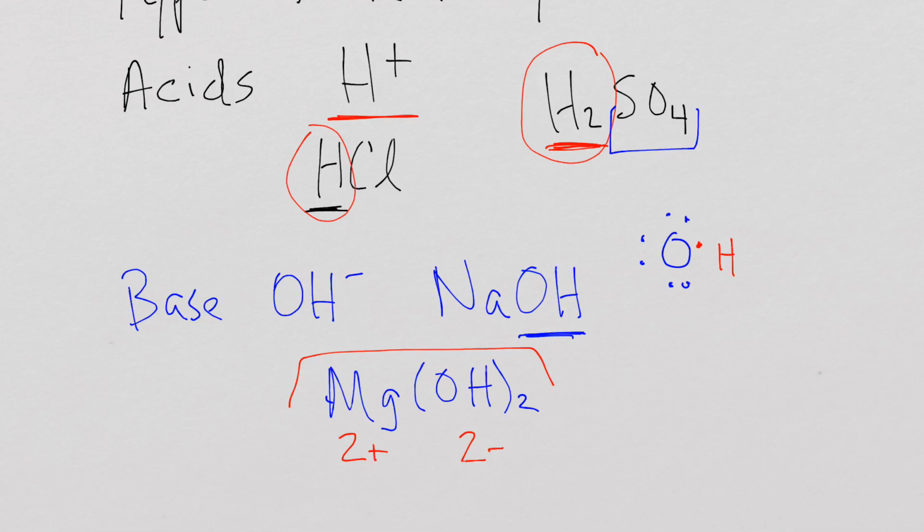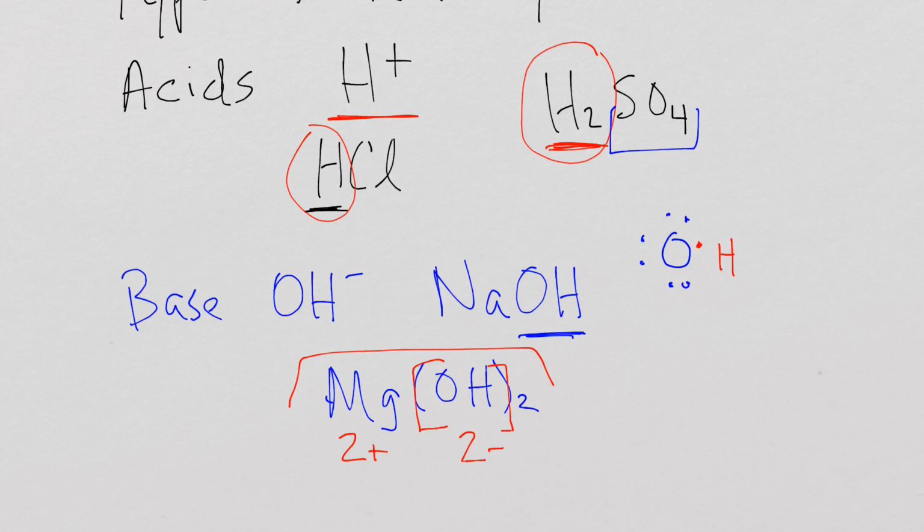This is an example of ionic bonding, but it is ionic bonding with a compound as opposed to an individual atom. Remember when we did sodium chloride, where sodium has 1 valence electron, chlorine has 7. So sodium gives its electron to chlorine. They bond together. They're stable.